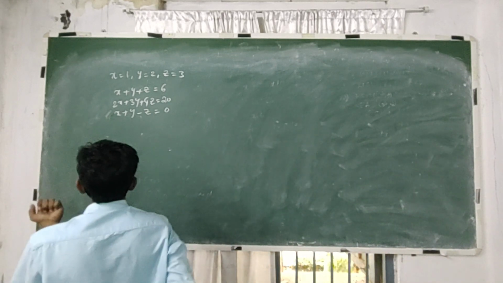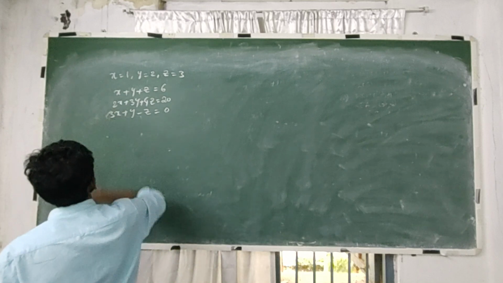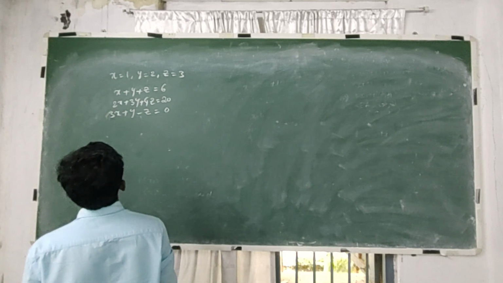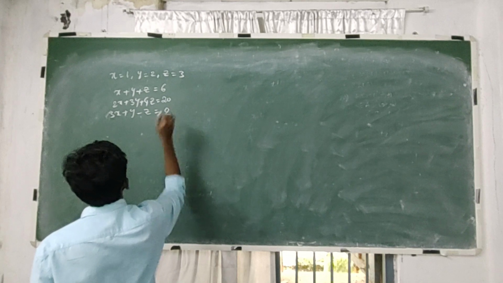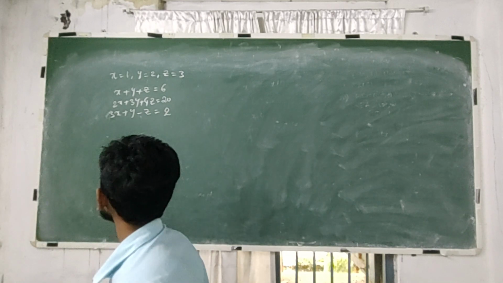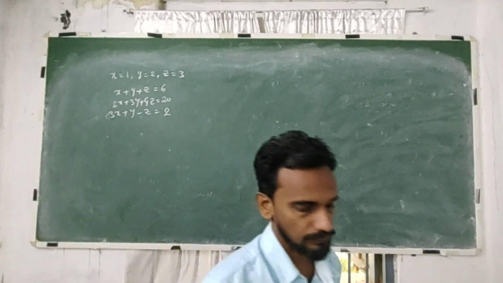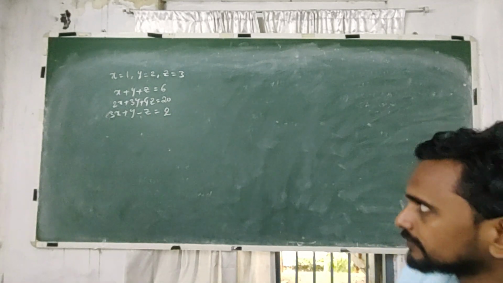Otherwise, take any other variable. 3x plus y minus z is 0, 2.